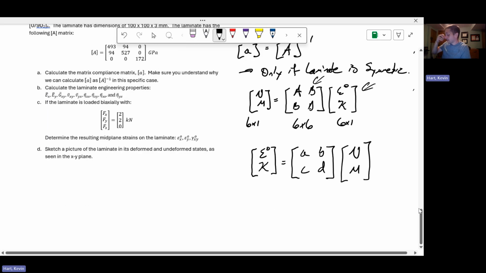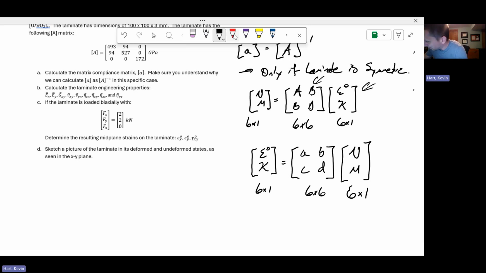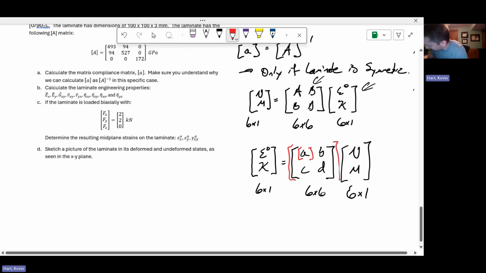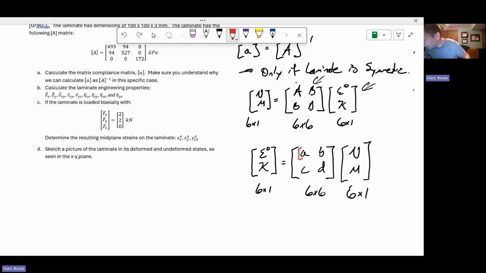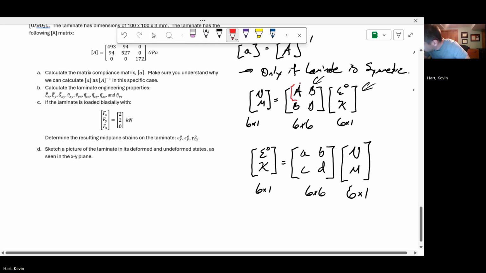Again, this is 6x1, this is 6x6, and this is 6x1. So the little a matrix is a 3x3 portion of this larger matrix, just like the capital A matrix is a 3x3 matrix within a larger 6x6.